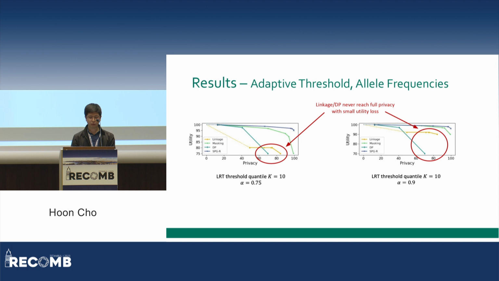In both cases, we see that SPG outperforms the other baseline methods as well in this setting. And one interesting thing to note here is that both linkage and DP approaches in these cases do not approach full privacy protection within the range of utility that's being plotted in these figures.